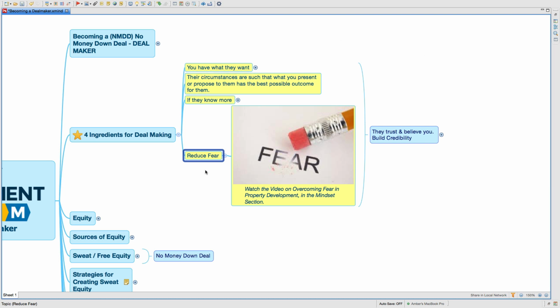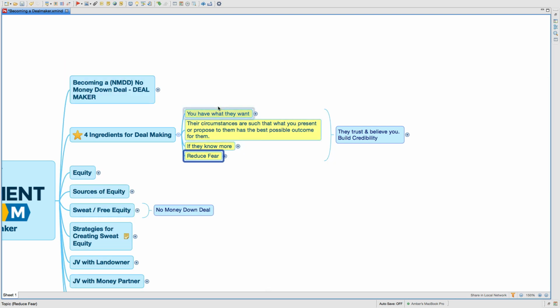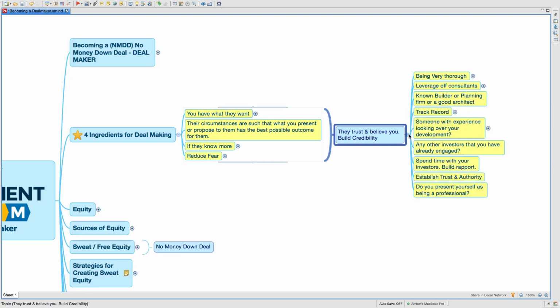The underlying fact with all these things is that you've got to build trust and you've got to build credibility. Now, in the previous module, project report, I discussed all of these at great length. This is exactly the same thing, so I do not need to go through them again, but that's how you build your trust.